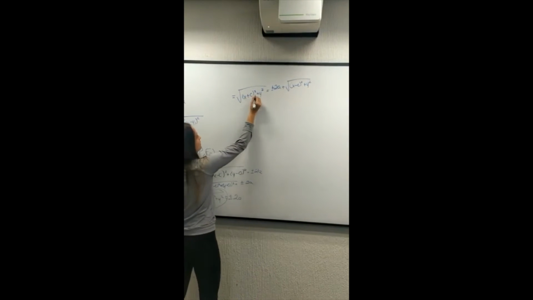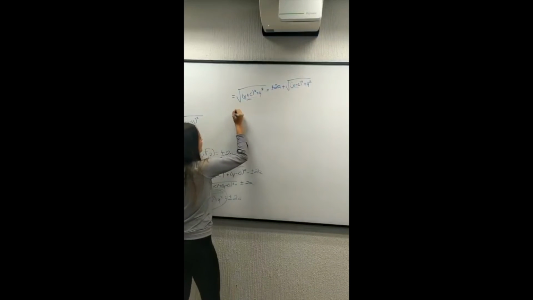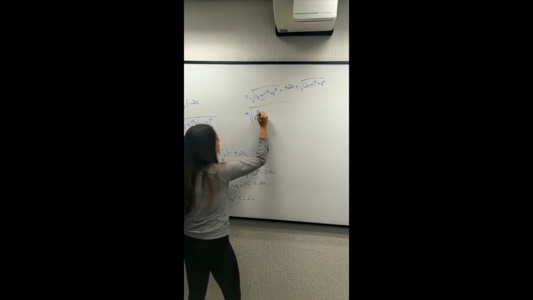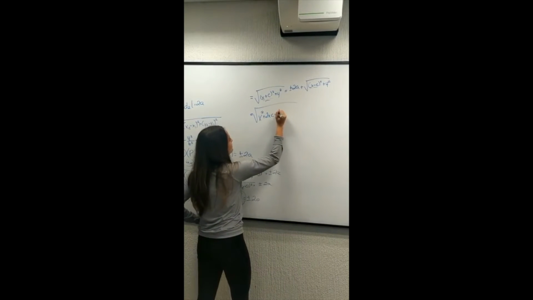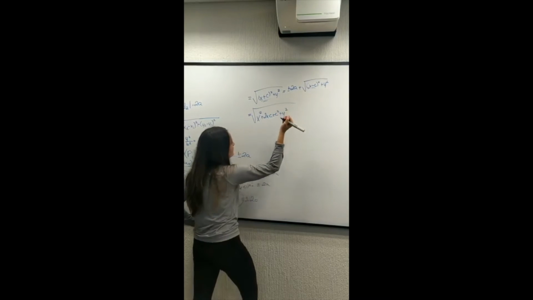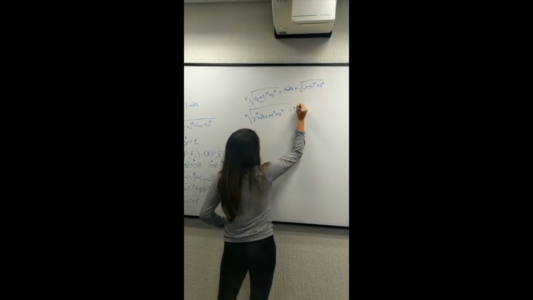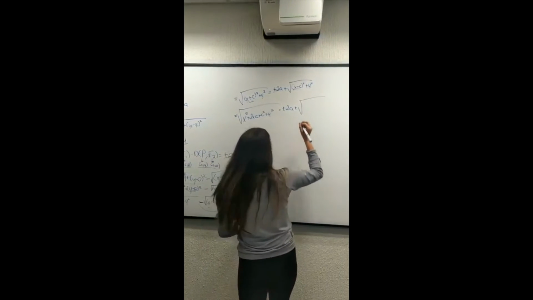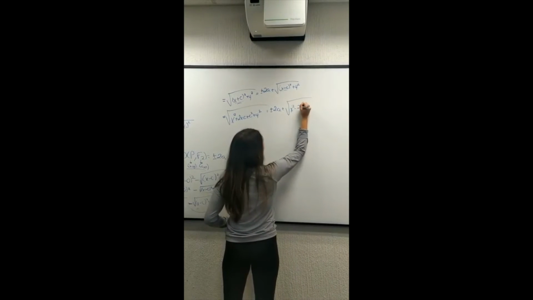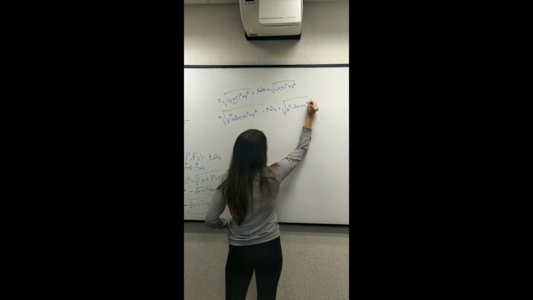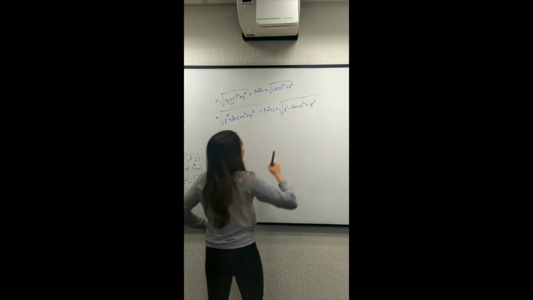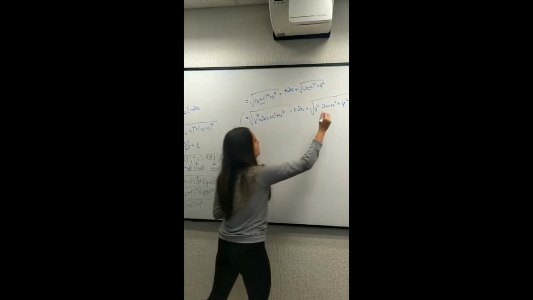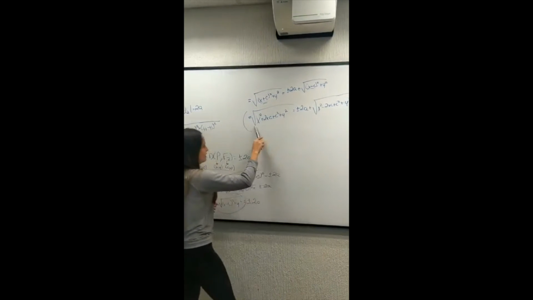Now we expand the squares and we have the square root of x squared plus 2xc plus c squared plus y squared is equal to plus or minus 2a plus the square root of x squared minus 2xc plus c squared plus y squared. Now that we have this equation, we need to square both sides to remove the square root.